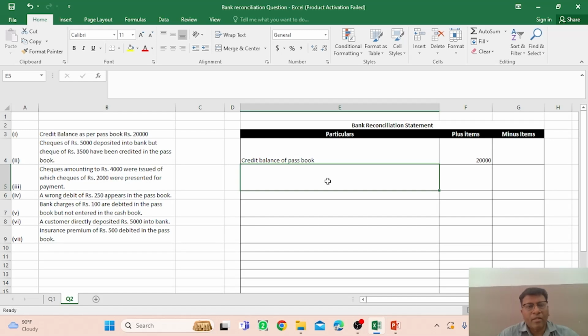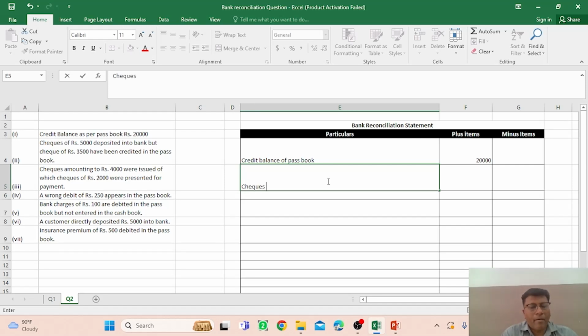It means the particular 5,000 checks were entered in the cash book, but in the passbook only rupees 3,500 were deposited or recorded, right? So what is the difference? The difference is 1,500, right?